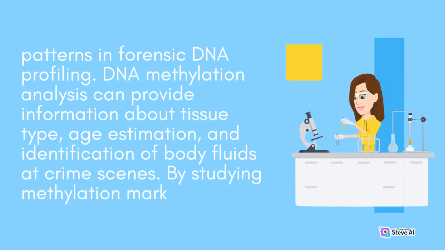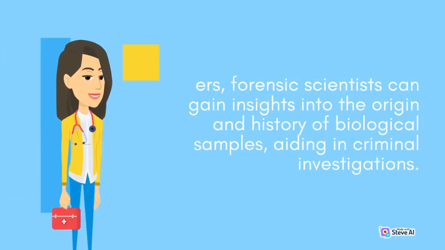DNA methylation analysis can provide information about tissue type, age estimation, and identification of body fluids at crime scenes. By studying methylation marks, forensic scientists can gain insights into the origin and history of biological samples, aiding in criminal investigations.